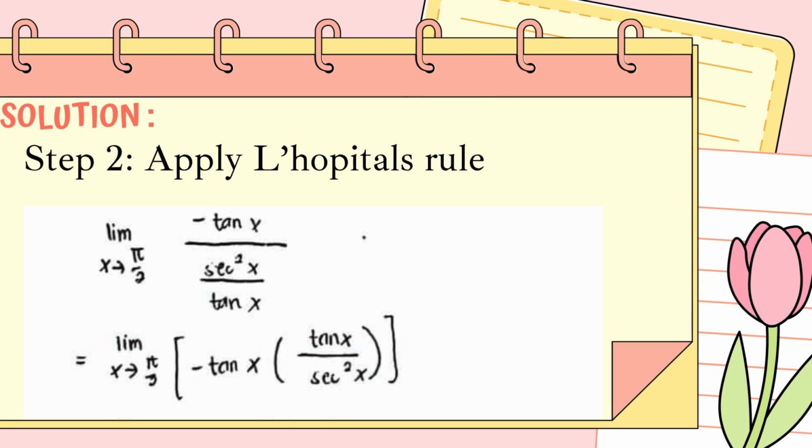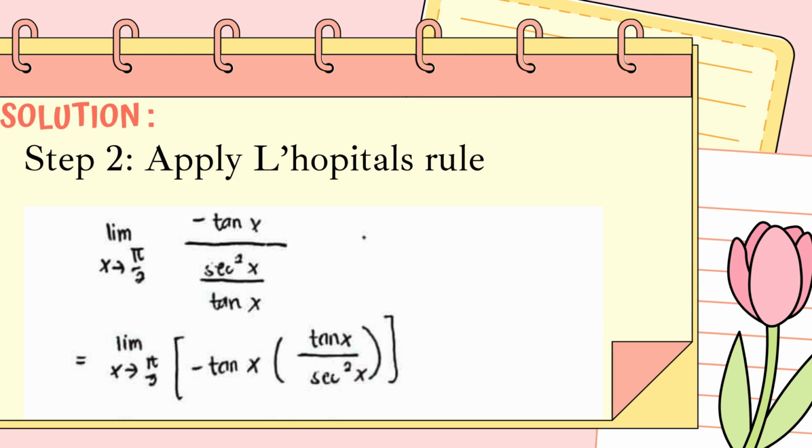Then we will plug in all the values. So we have the limit of negative tangent x over secant squared x over tangent x, where x approaches pi over 2. And then we will simplify.